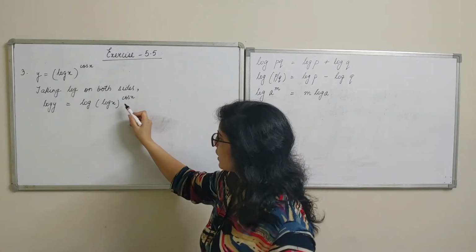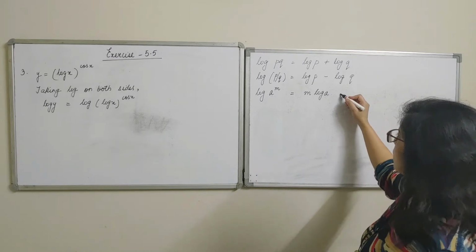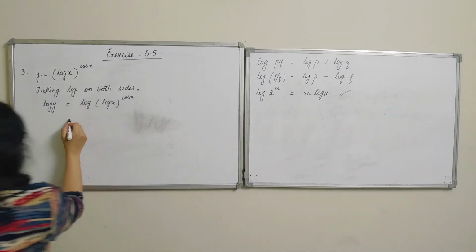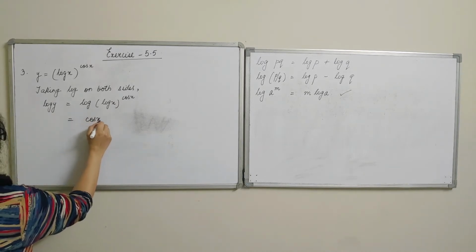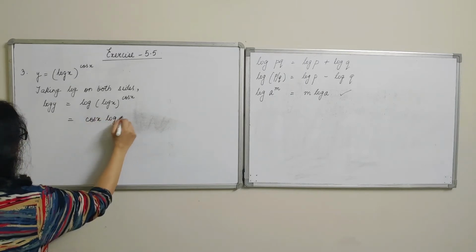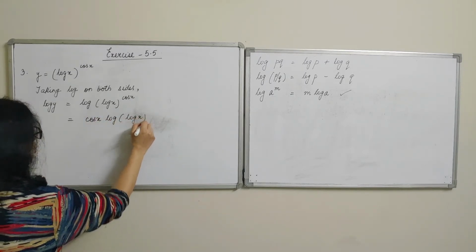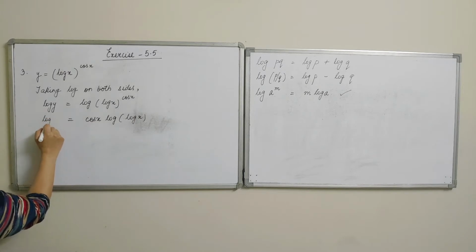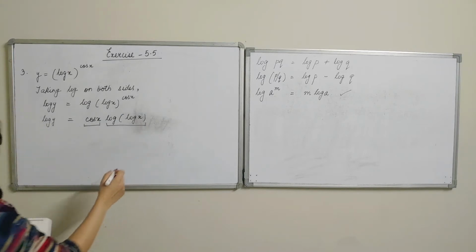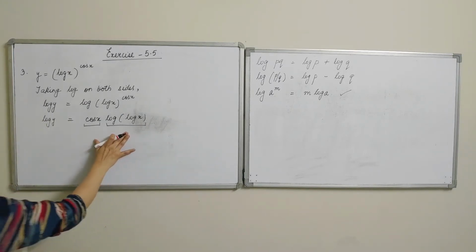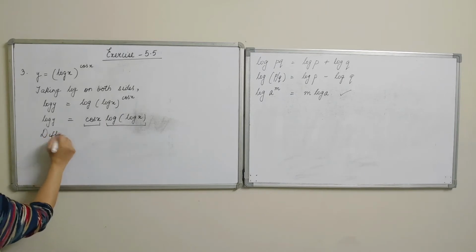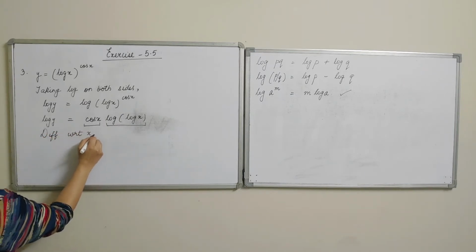So if we compare the given function on the right side with the third result here, then using the third result, the function can be simplified as cos x, which is same as m, into log a, so that is log (log x). So here we have now a product of two functions, cos x and log (log x). The moment we get a product of two functions, that means the right hand side is in the simplest form, and hence we differentiate with respect to x.